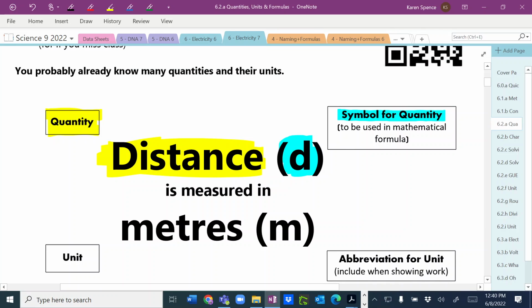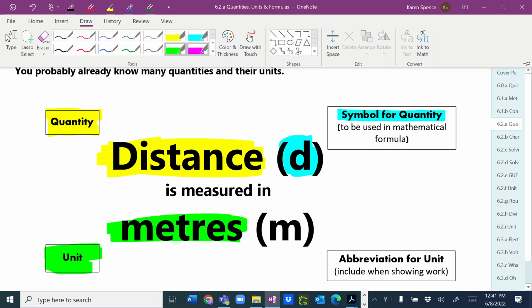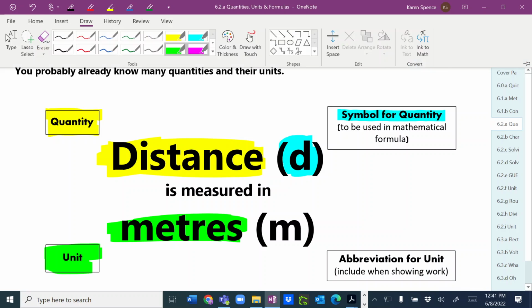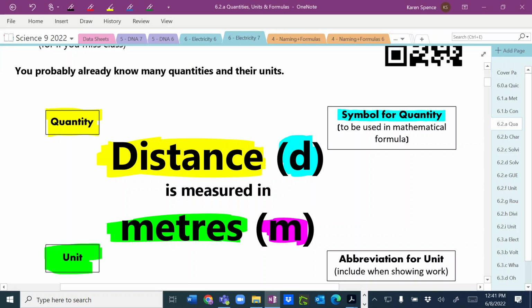So if I want to find the distance across this classroom, I could measure it in what unit? Meters. I could use a meter stick and figure out how many meters it is from side A to side B. Okay, so we have our unit, which is the meters, and then we have m, which is the abbreviation for the unit.